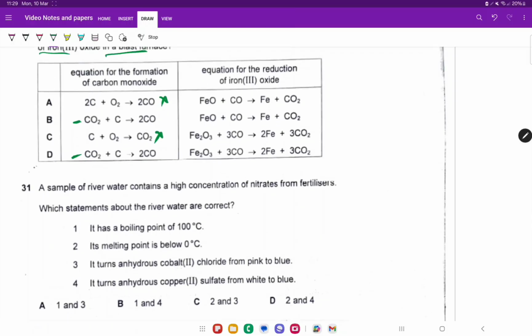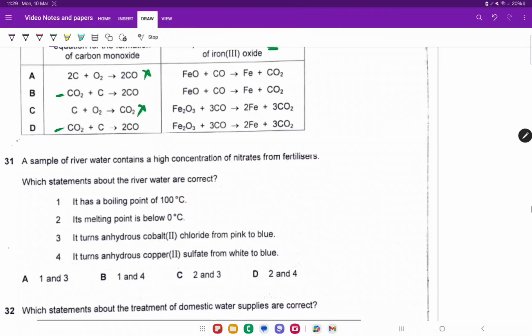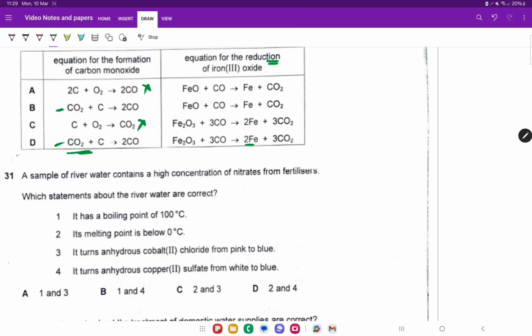Along with it, the reduction of iron oxide Fe2O3 will take place, and Fe2O3 reacts with 3 moles of carbon monoxide to form iron. Since for option D both the parts are correct, the answer is D. CO2 reacts with coke to form carbon monoxide, and Fe2O3 reacts with carbon monoxide to form iron and CO2.